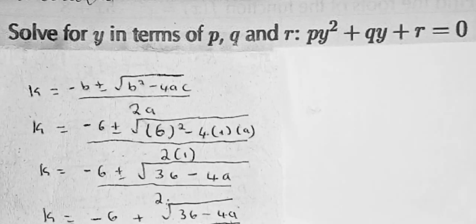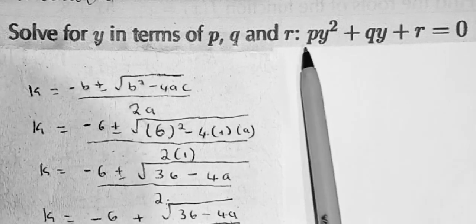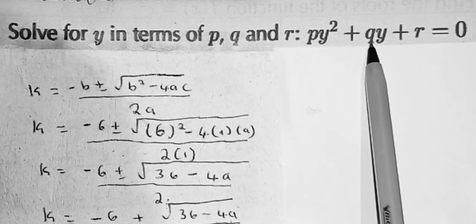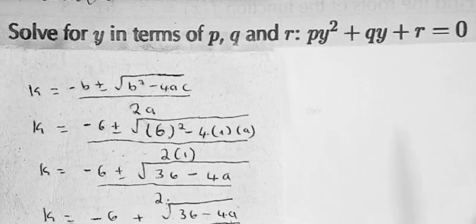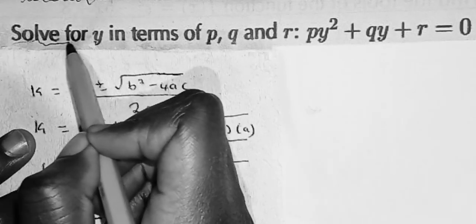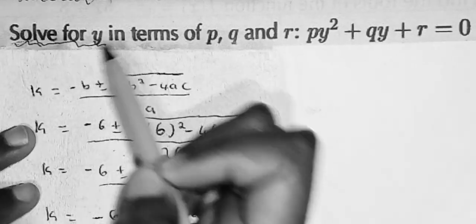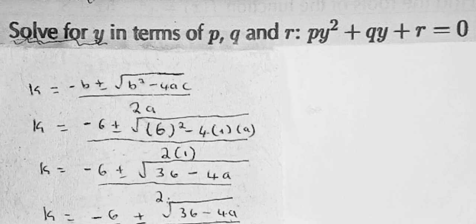The next one says solve y in terms of p, q, and r. We can see that they say we must solve for y, not x. In the beginning, they said we must solve for what? For k. Here we are going to solve for y.